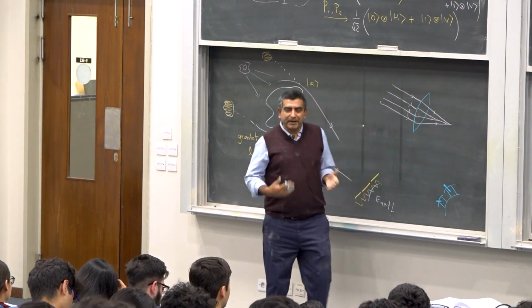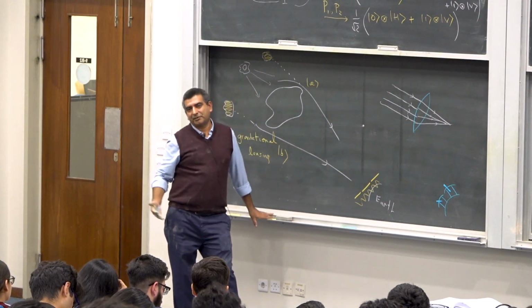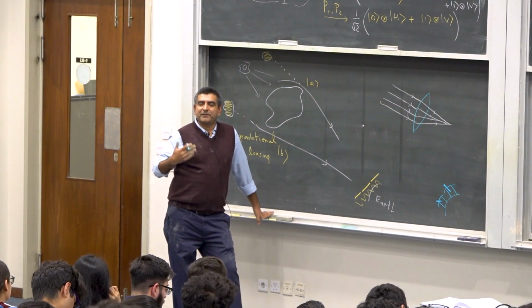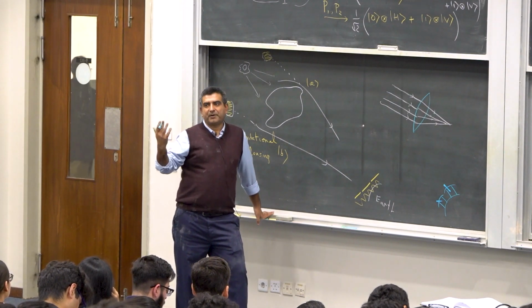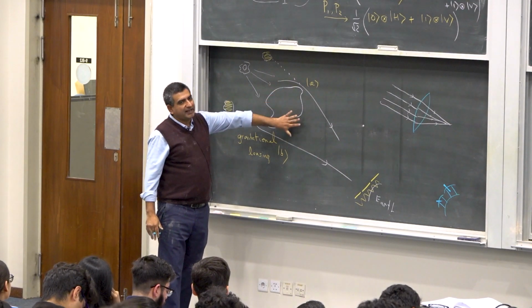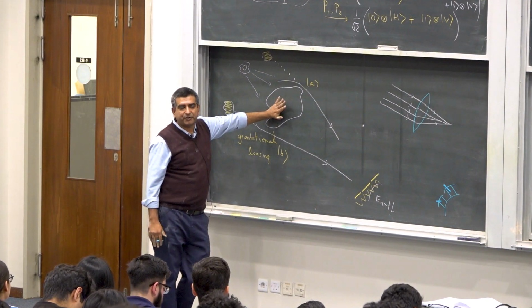So depending on what you do well into the future, billions of years into the future, you can determine whether a photon has really interfered in the past or not, because any interference that is bound to happen has happened really far back in time. So this is an example of delayed choice.